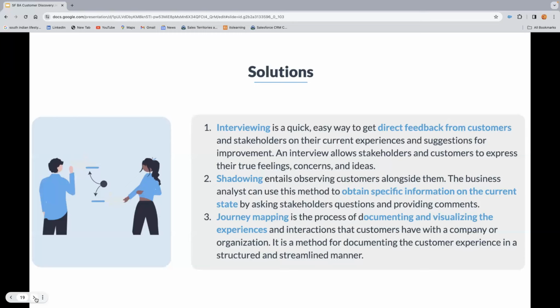The third answer is journey mapping. It's the process of documenting and visualizing the experience and the interaction that customers have with the company or organization. It is a method for documenting the customer experience in a structured and streamlined manner.